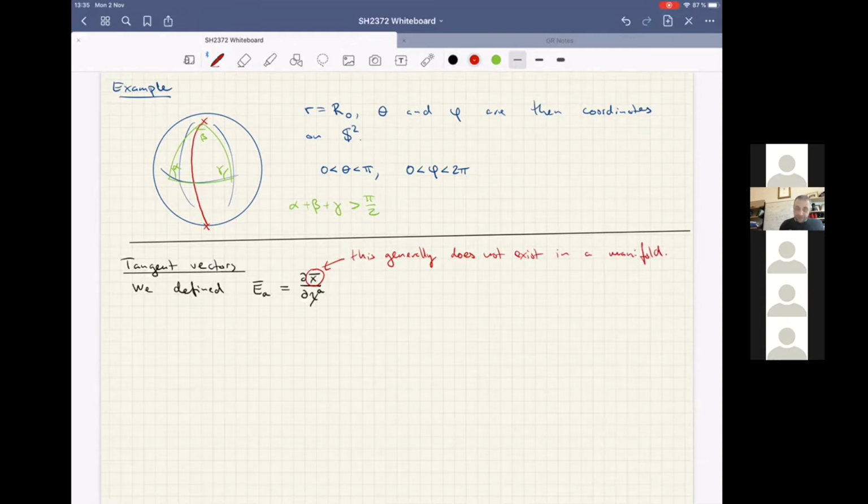And as it turns out, the way of solving this is just to remove this position vector. We will see that it was actually not necessary when we defined vectors to include this position vector, but let me discuss a little bit why. So if you look back to Euclidean space, what is the point of having these vectors?